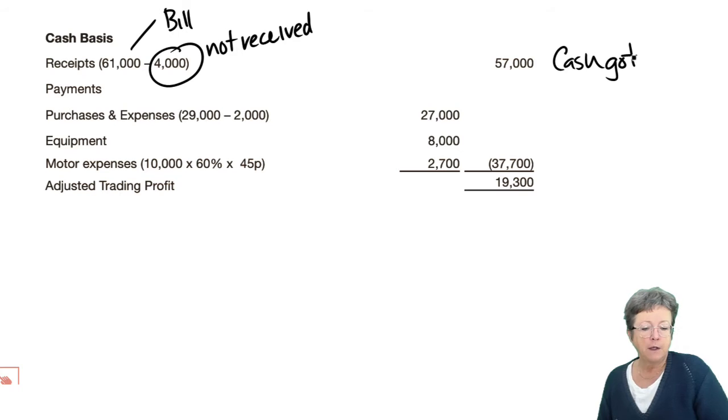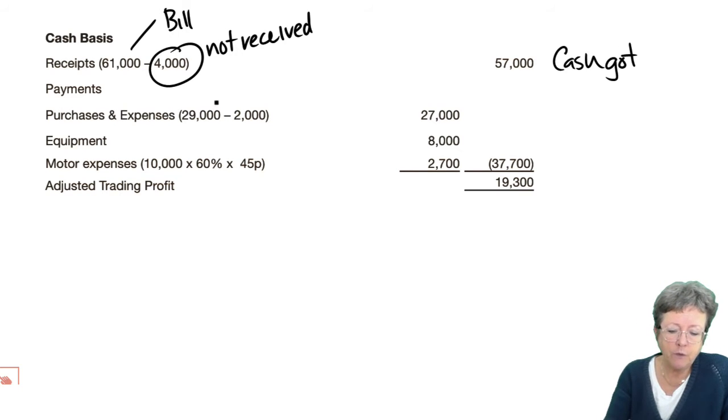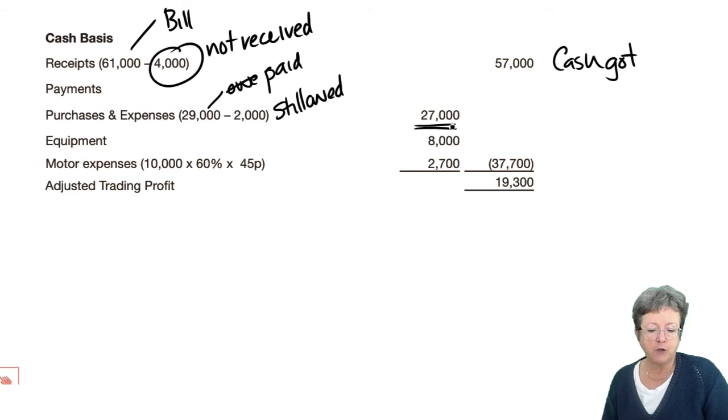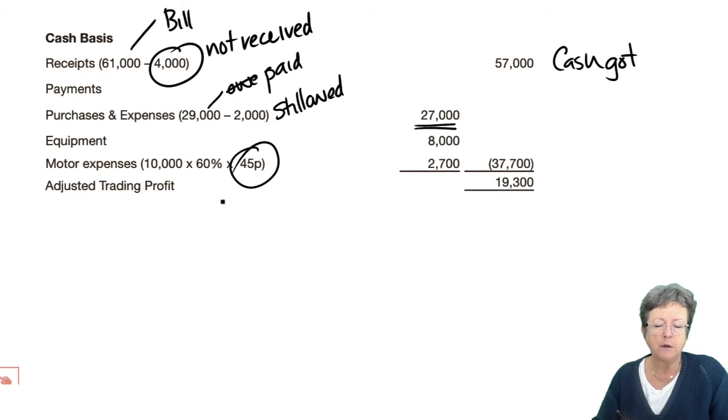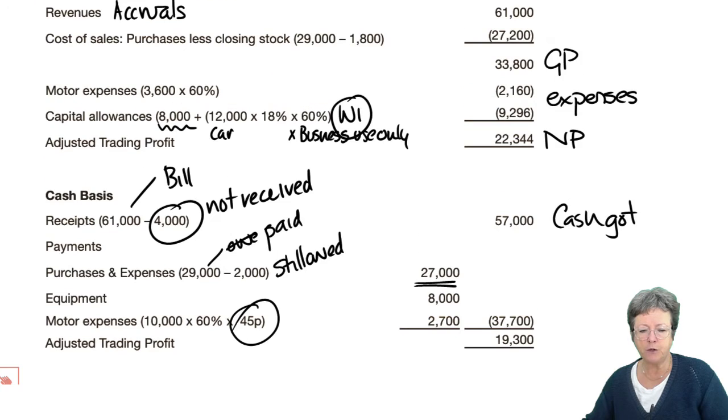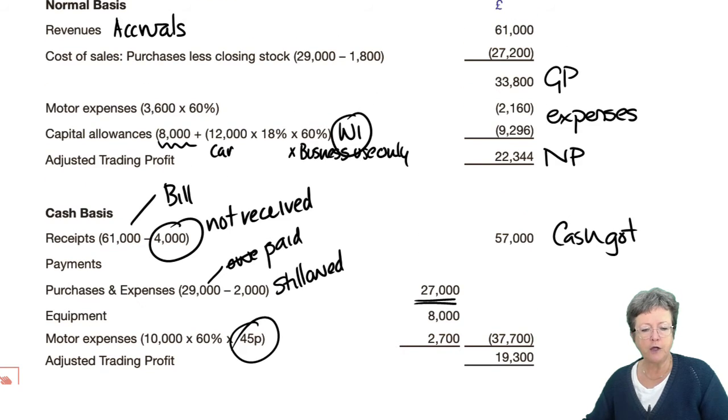Okay. Expenses, again, that's what he owed. Sorry, that's what he paid. That's what he still owed. Therefore, we can only claim the 27. The equipment and the motor expenses using the flat rate charge. So you can see there's quite a difference between the results of those two.